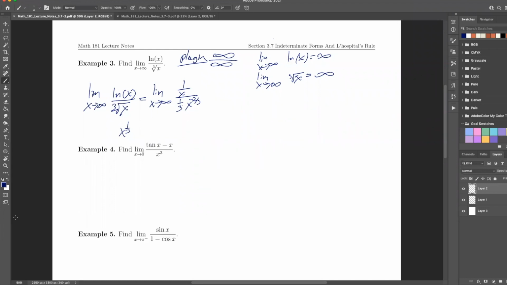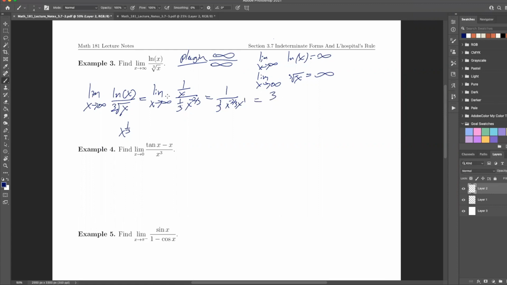So if I put this together, I need to do some algebra before I plug stuff back in. I bring this x to the bottom, so I'll have 1 over 1/3, and then x to the minus 2/3 times x, which is x to the 1. This 1/3 I can write up top.